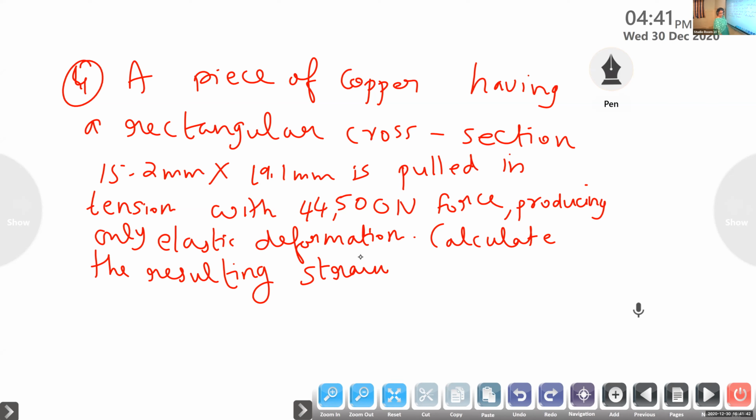So here now we only have to find out the strain, how much strain it is given. A piece of copper having a rectangular cross section is pulled in tension with the force, producing only elastic deformation. Calculate the resulting strain. Since deformation is taking place, deformation means only a little bit tilted.